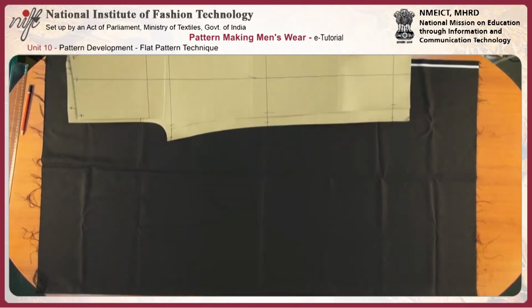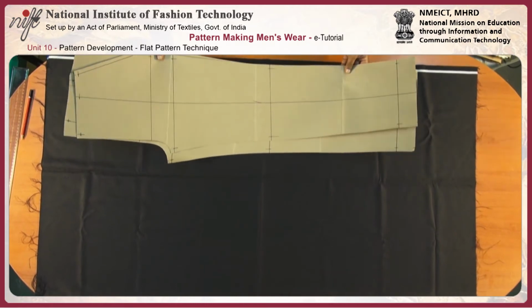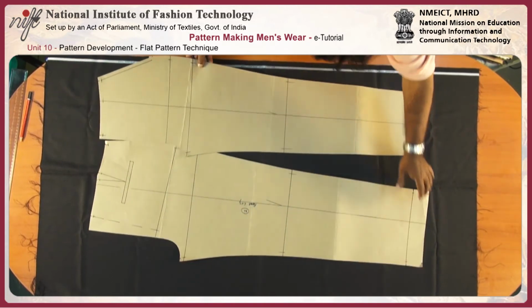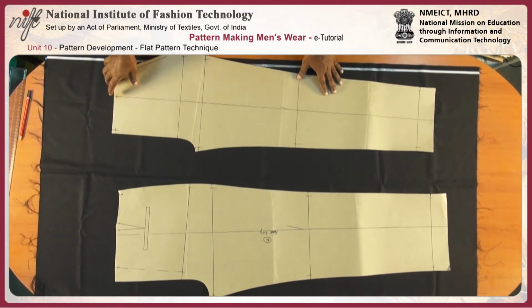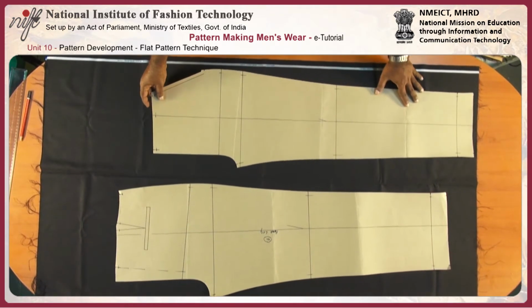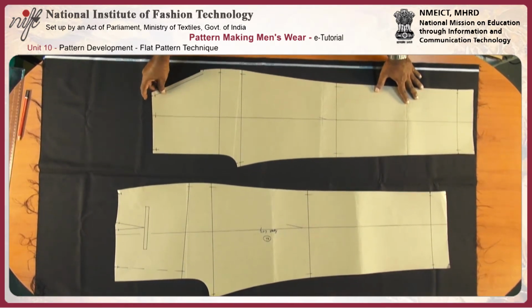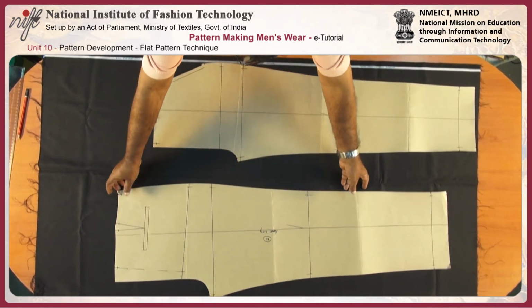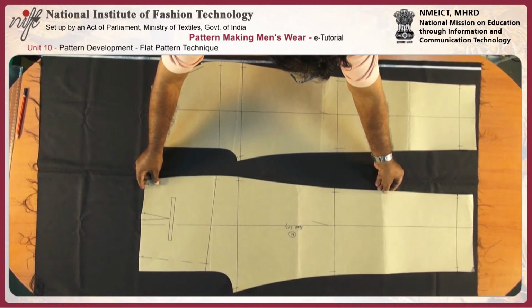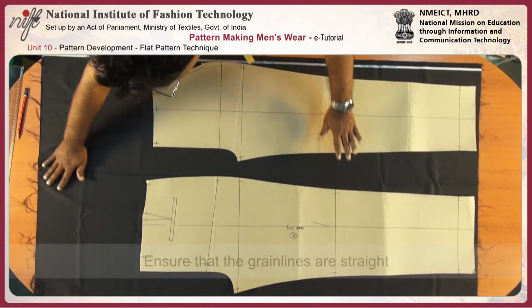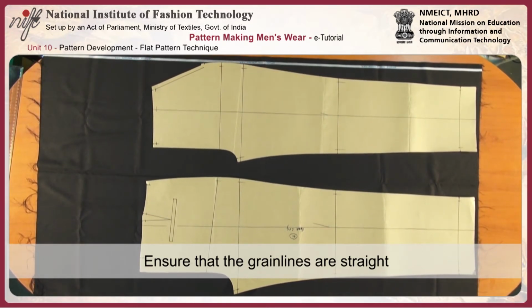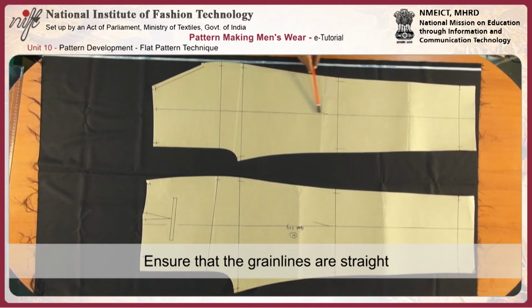Let me take the front and back leg, which are the foremost important parts in the trouser, and try to place them efficiently so that my consumption will be effective. Now we have given the grain line here, which is also the crease line in the front.